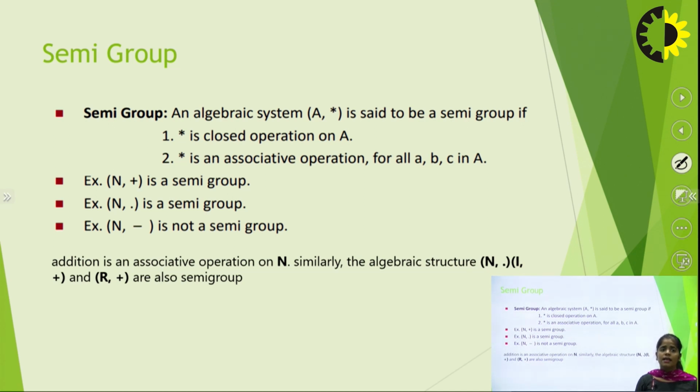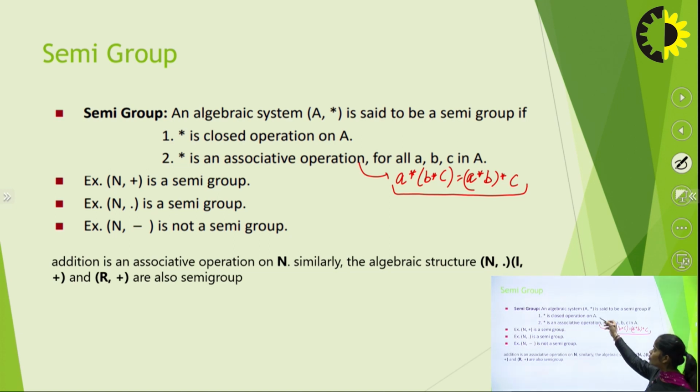Second, star follows an associative operation, meaning associativity, which is defined as (A star B) star C equal to A star (B star C), as I already explained, right? If any set with the given operator follows these two properties, then this algebraic structure is known as a semi-group.